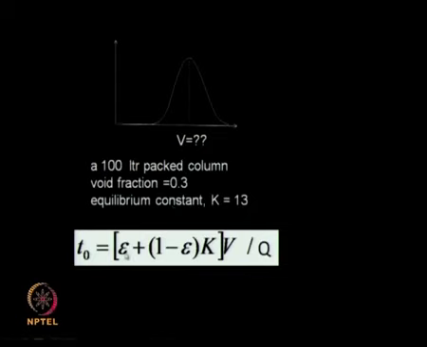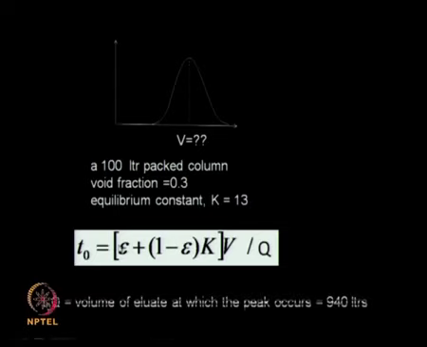Now I know epsilon which is 0.3, I know k which is 13, and I know V which is 100 liters. I just substitute and calculate the elution volume, very straightforward, and it is equal to 940 liters. So it means I have to collect 940 liters of the solution and then the peak will appear here.